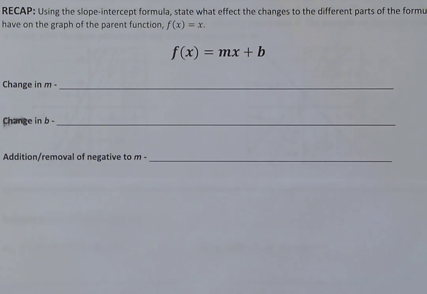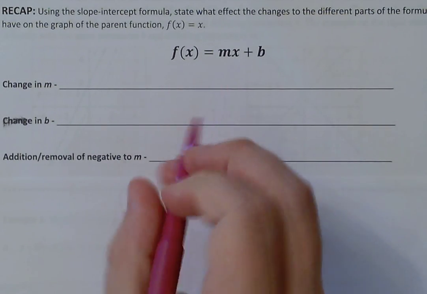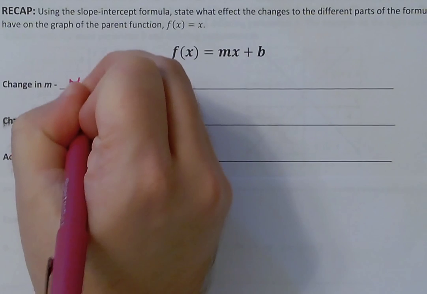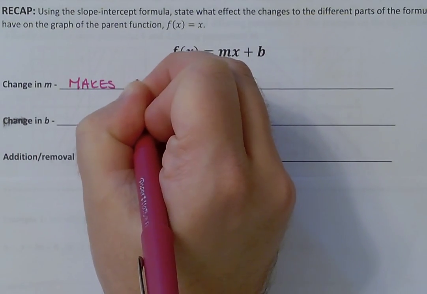When we change that number in front of x, when this number gets bigger or smaller, that makes the graph steeper or less steep.